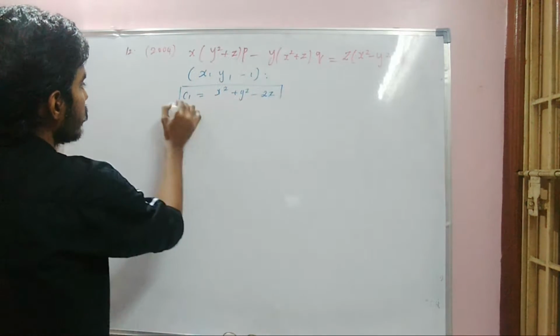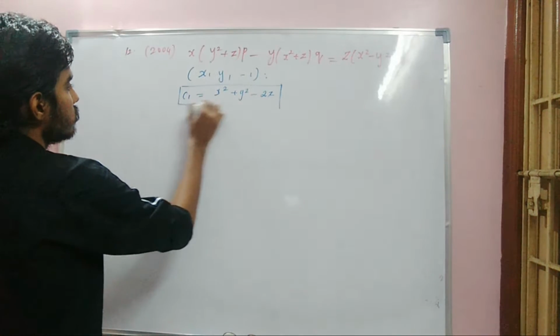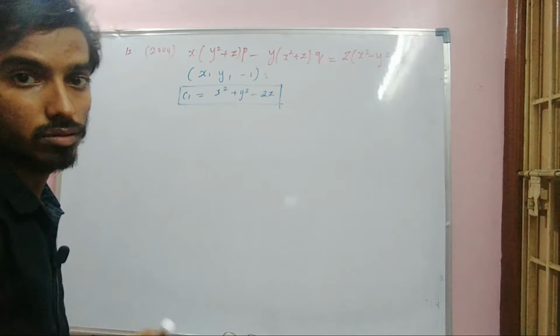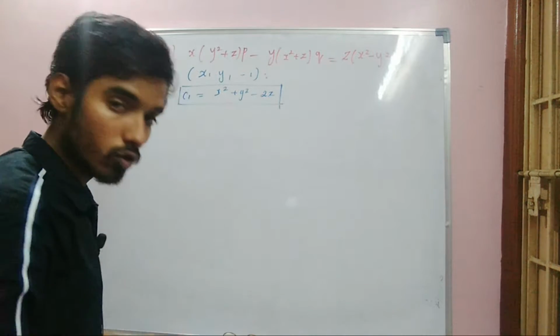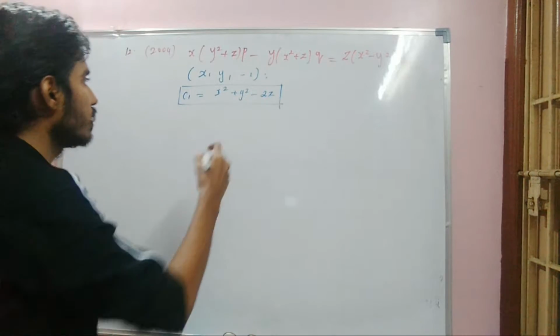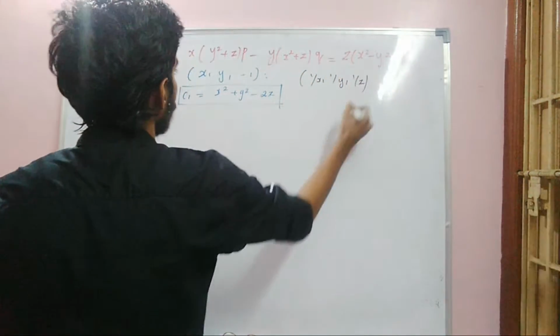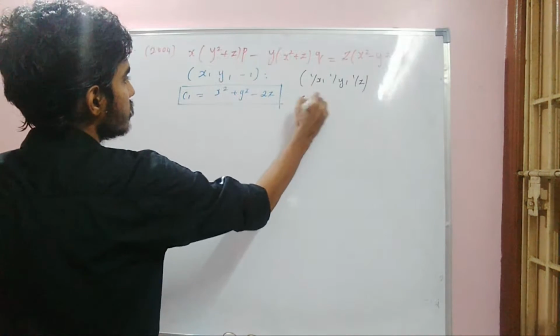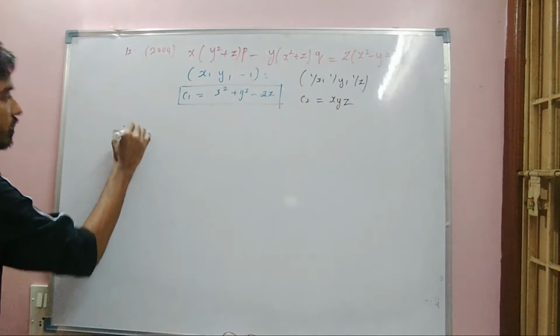Now you find another multiplier. Yes, 1 by x, 1 by y, 1 by z. For 1 by x, 1 by y, 1 by z, we will get xyz as a solution, because we already did it. So another multiplier is 1 by x, 1 by y, 1 by z, and solution c2 is xyz. So now we will move on to 13th problem.